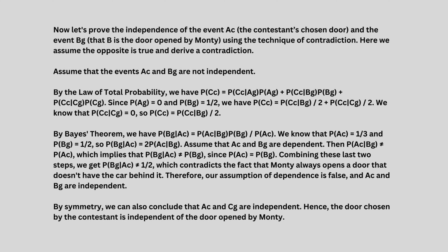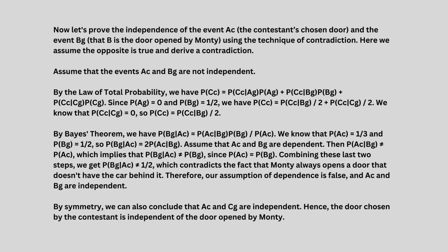Assuming that AC and BG are dependent, we have the probability of AC given BG is not equal to the probability of AC, which implies that the probability of BG given AC is not equal to the probability of BG.